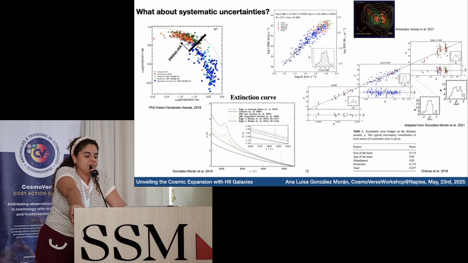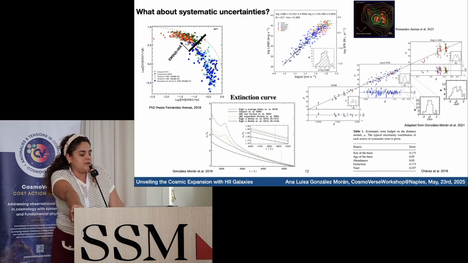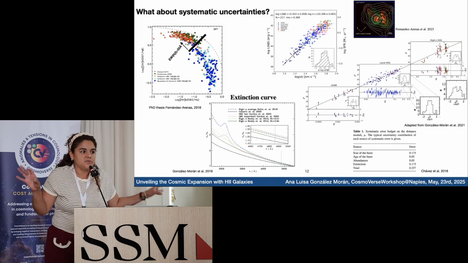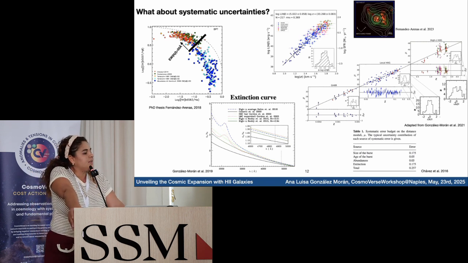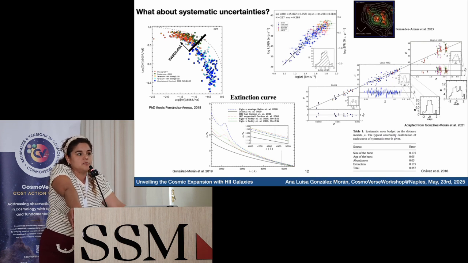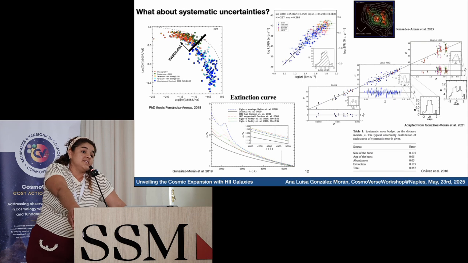Let me go back to the previous image that I showed you: inside one H2 galaxy we have several clumps, and each clump follows the L-sigma relation. But when we go to high redshift, it is not possible to resolve the spatial scale. We cannot see those clumps. And so this is a very important systematic that we have.